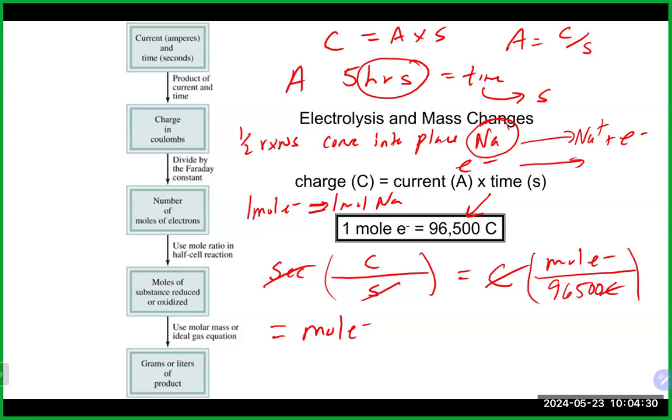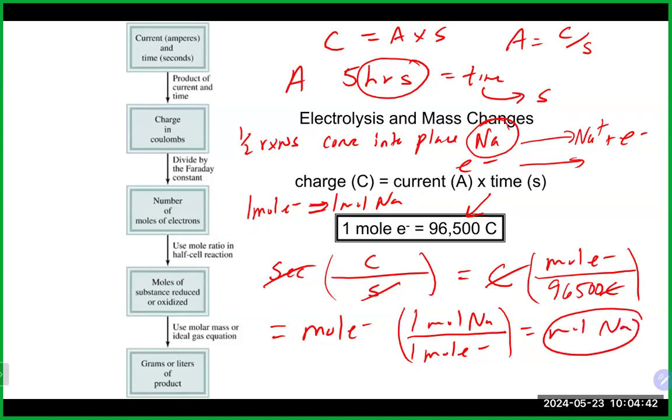And we could use that like a stoichiometry relationship where we take our moles of electrons and convert it into moles of sodium in my example. Now that I have moles of sodium, I can use the molar mass to figure out how many grams of sodium I would actually produce. So this is a very common pathway.